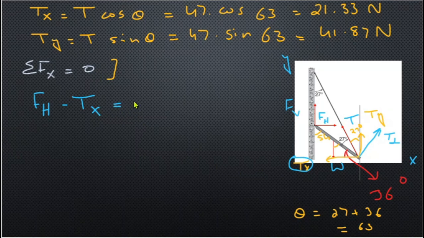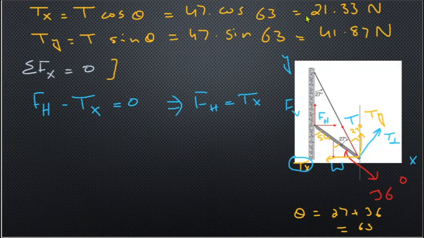And this thing would be equal to 0 according to this condition. Now, for finding out the value of this Fh, it would be equal to Tx.